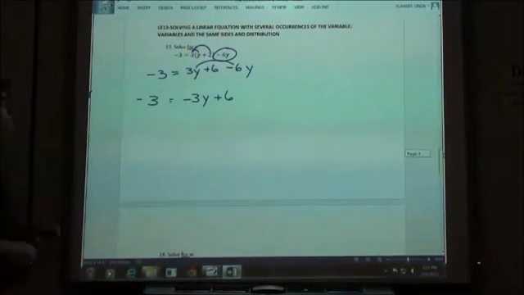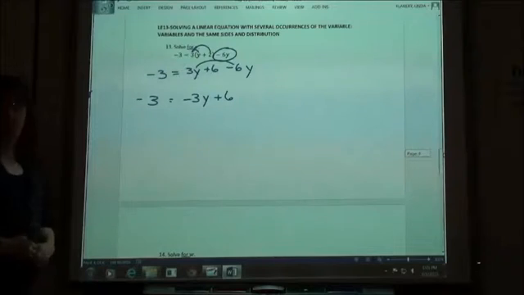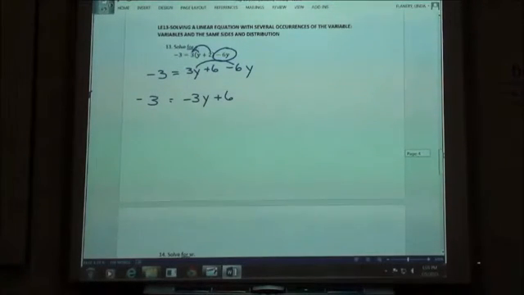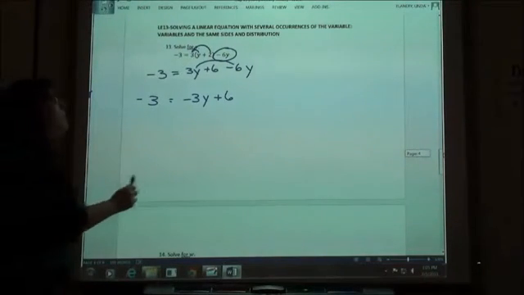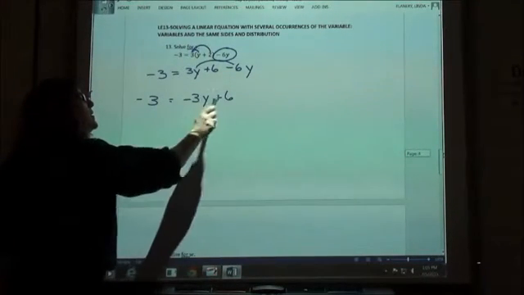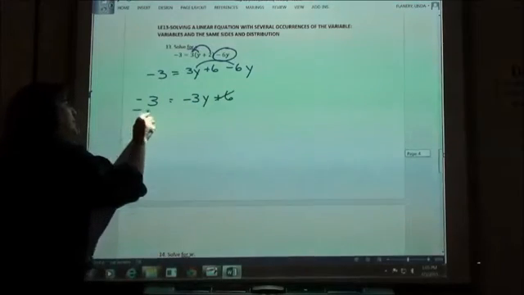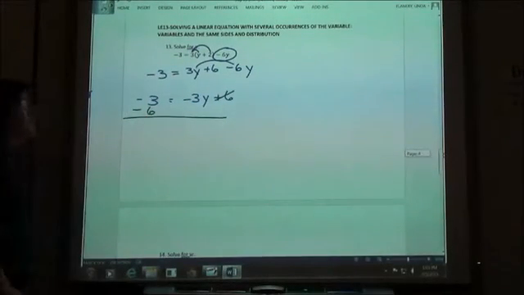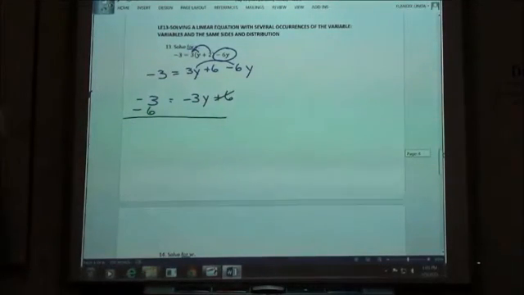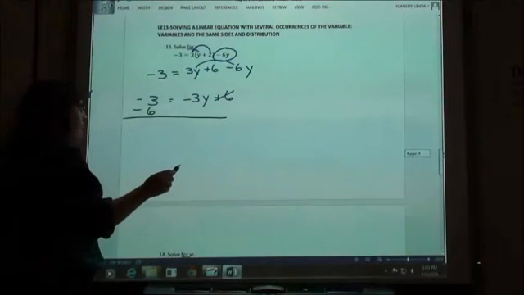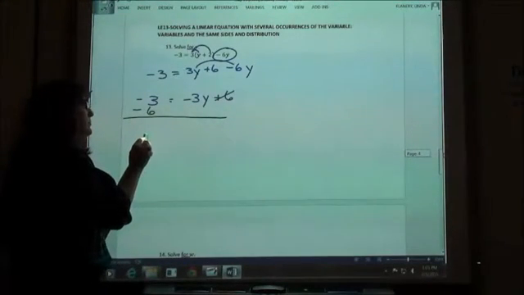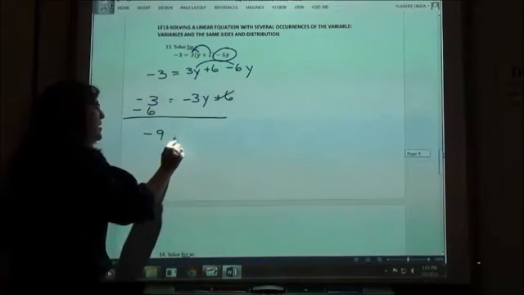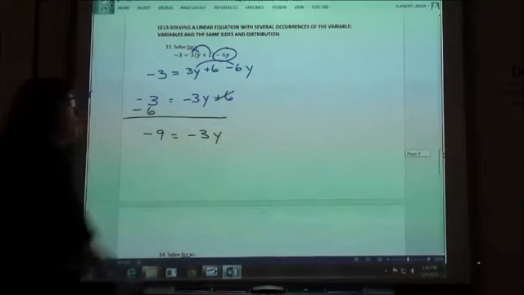So to solve this, we are going to subtract 6. Negative 3 minus 6. It's minus 6 when I move it over, exactly. So we get negative 9 equals negative 3y.